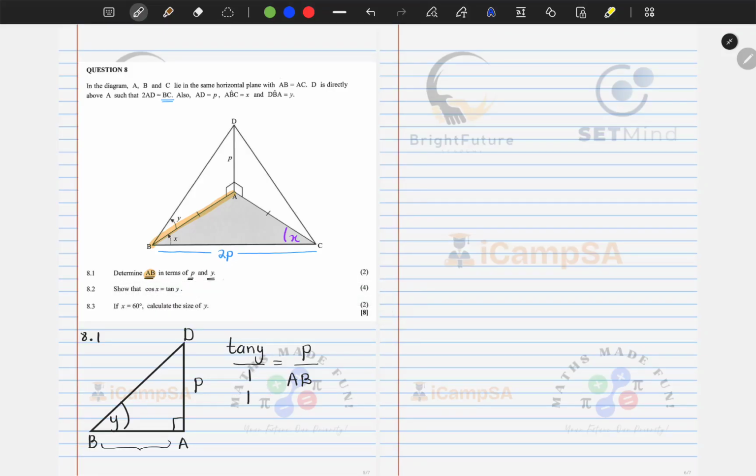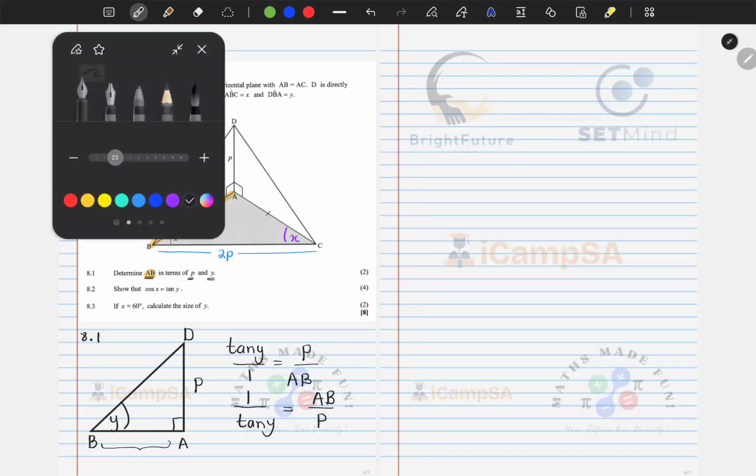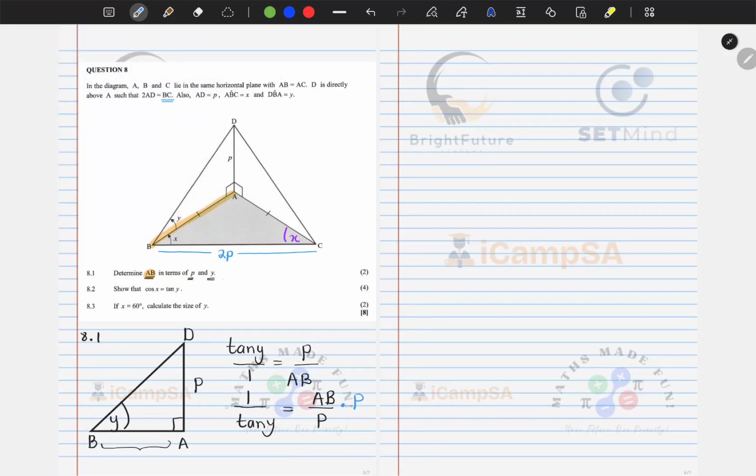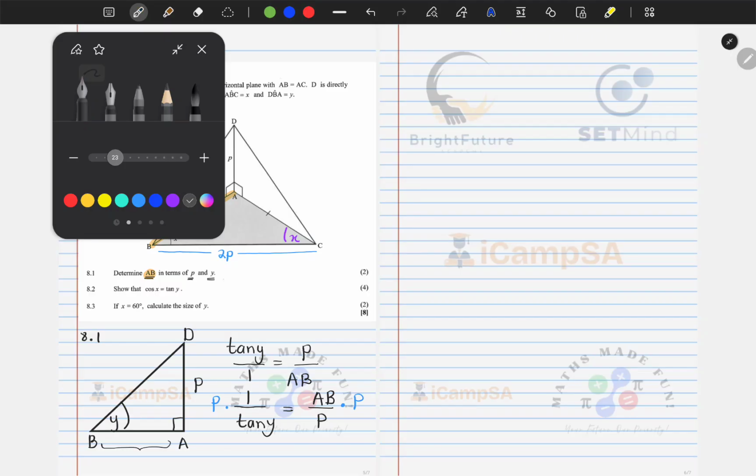So it becomes 1 over tan of Y. You are allowed to do that. It becomes AB divided by P. And then we are in a position where we can multiply by P on the left hand side and also on the right hand side. And this will end up giving us a final answer.